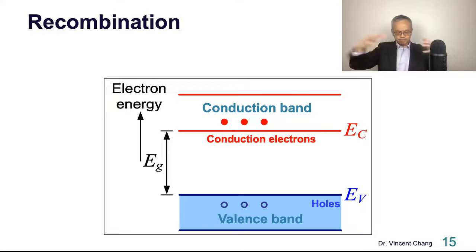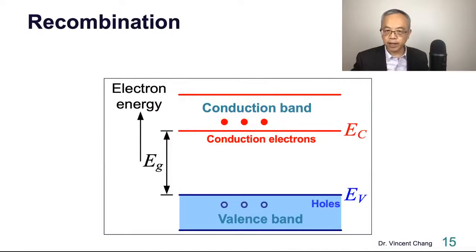So in human society, we have life and death, right? So in the particle world, there's also life and death. Life is associated with thermal generation. So generate an electron hole pair, and the electron and the hole are born.